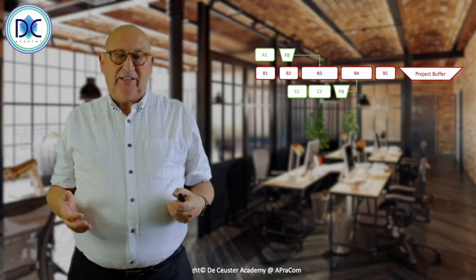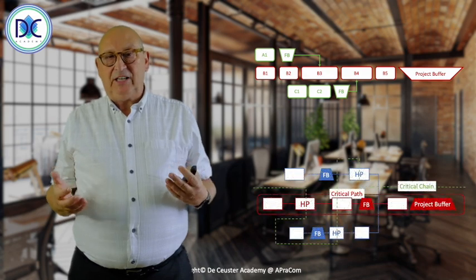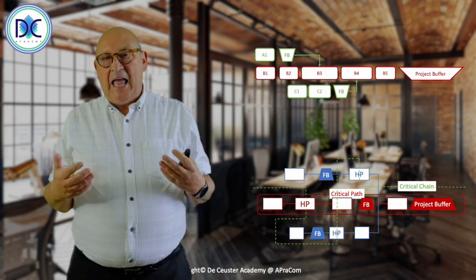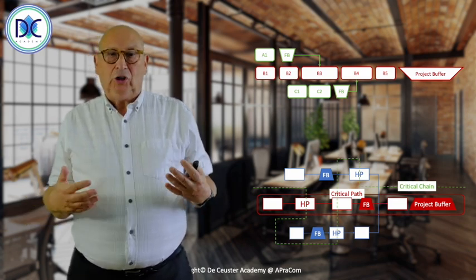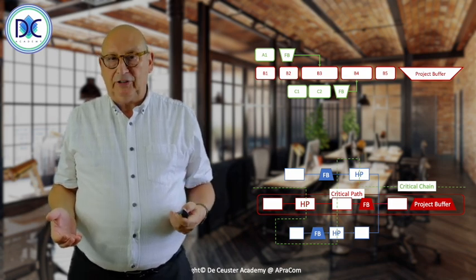We find here the critical chain. The critical chain is basically the person who is doing the different activities, and the planning has been adjusted using the project buffer and the feeder buffers.